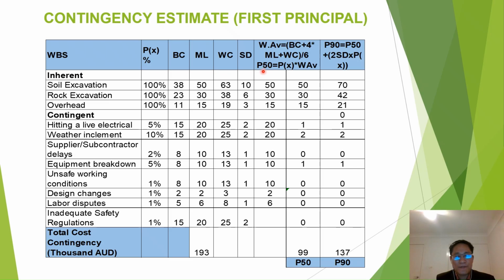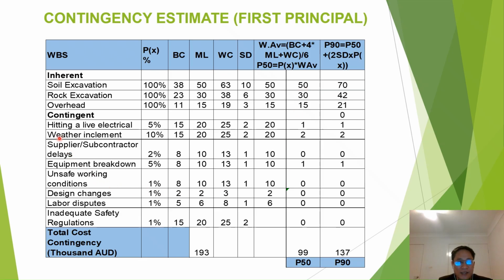And the B50, that means 50% the projects will be completed within this cost, is calculated by B50 is equal to BX, the probability it can happen here, times the weighted average, because this item is soil excavation, the probability is 100%, so 100% is 1 times 50 is equal to 50.